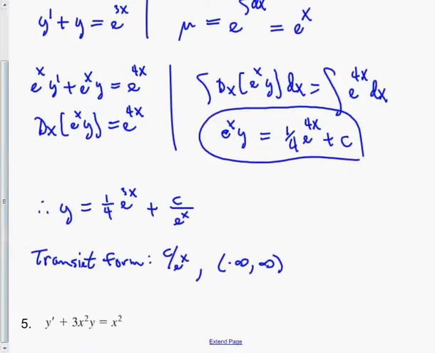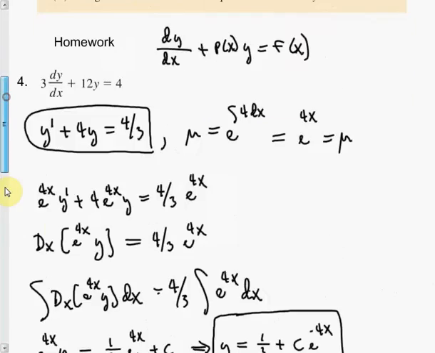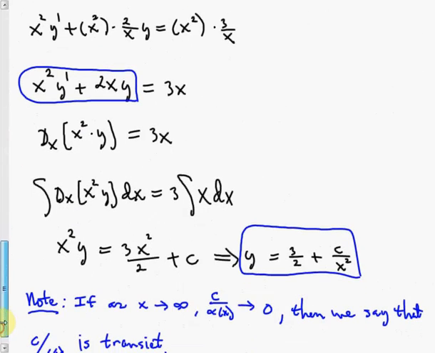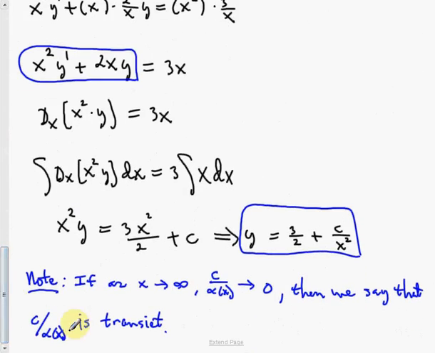Trying to find the previous problem. So for this number, c over x squared is transient.